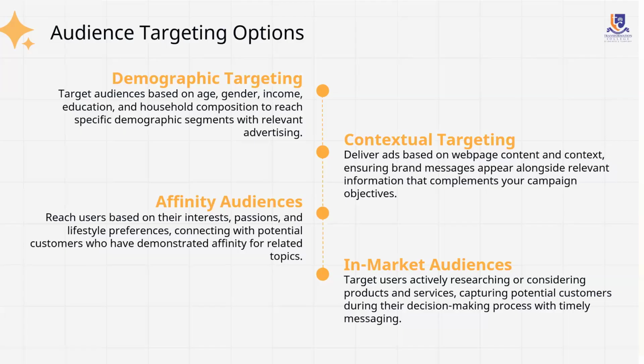So affinity audience is totally different. In this case, you reach users based on their interests, passions and lifestyle preferences, connecting with potential customers who have demonstrated an affinity for the related topics. Like when I explained earlier, you're an event planner now and you want to get jobs.